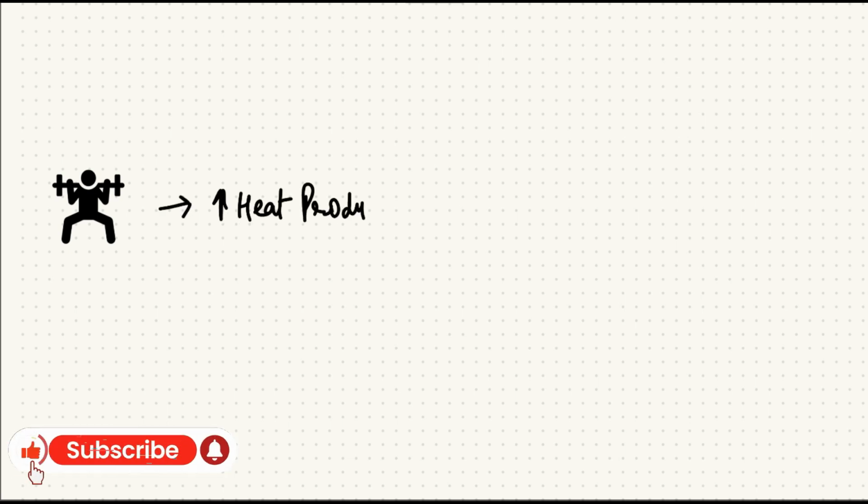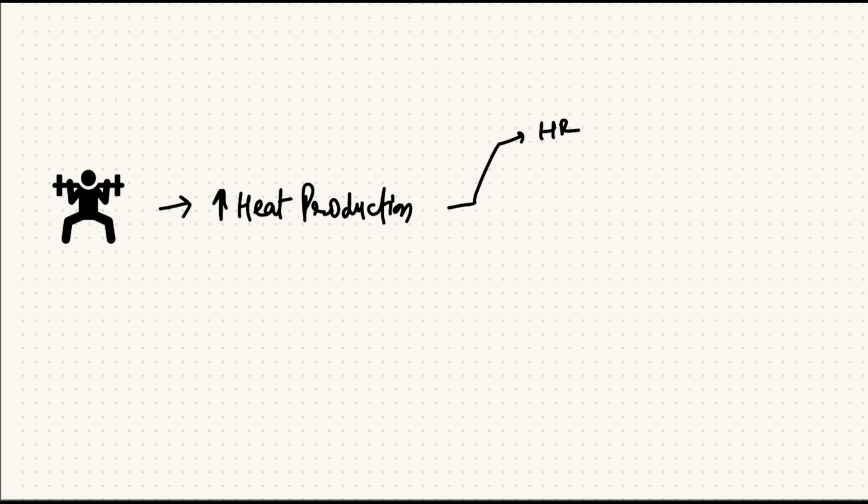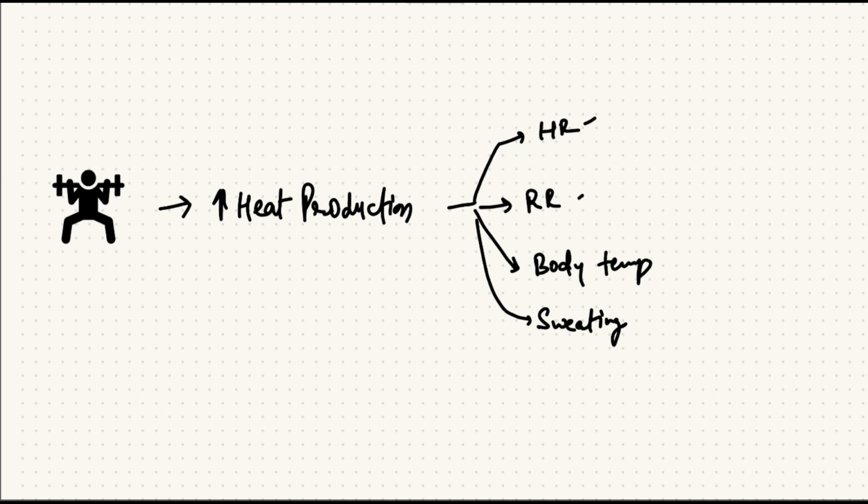So there is increased heat production during exercise, and in response, the heart rate, respiratory rate, body temperature, and sweating increase to help regulate body temperature and meet oxygen demand. These changes reflect the increased metabolic activity.